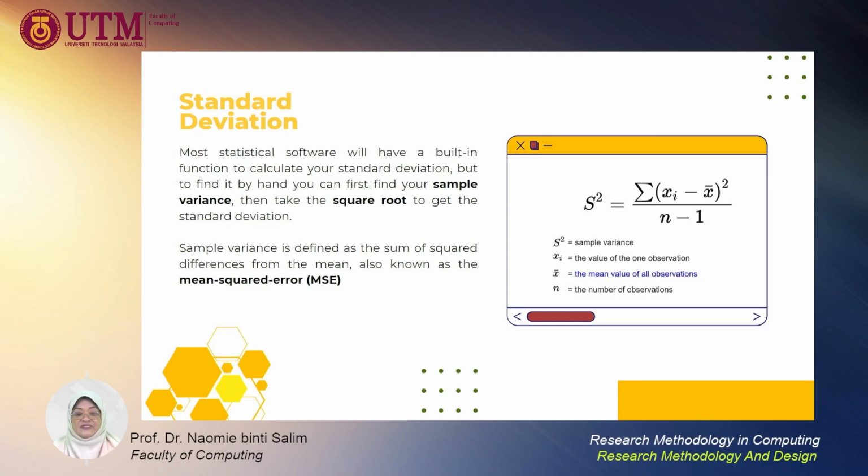Sample variance is defined as the sum of squared differences from the mean, also known as the mean squared error, as shown on the slide.